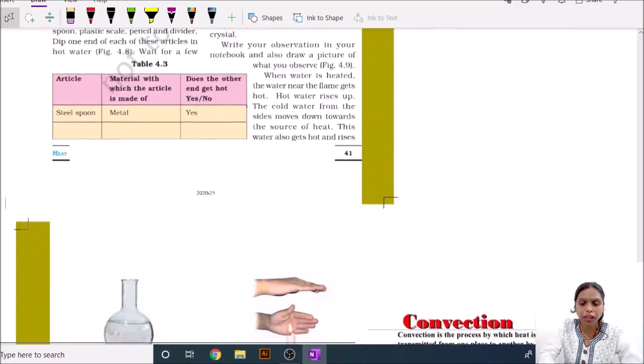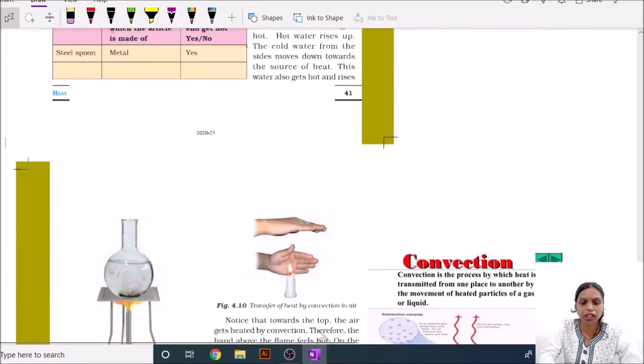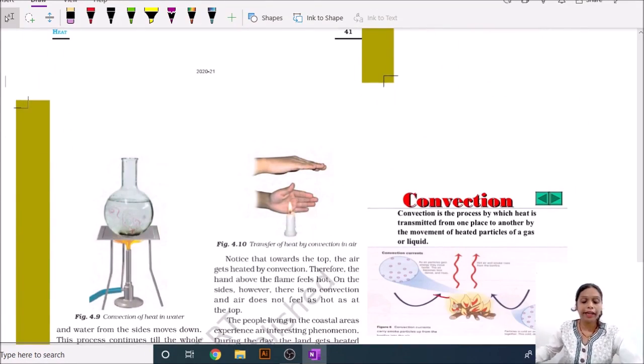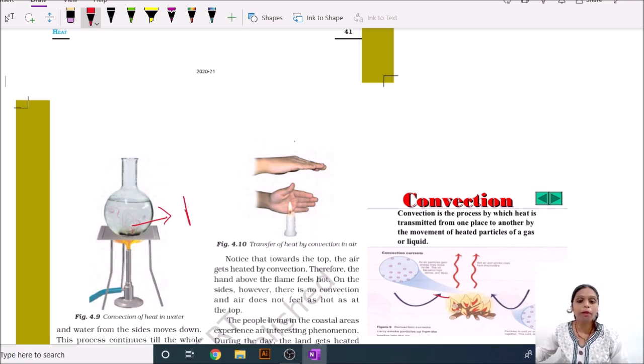Okay, what is convection? Convection is what happens whenever you take a round bottom flask and fill one third of the flask with water, and on the surface of the water you put a potassium permanganate crystal.